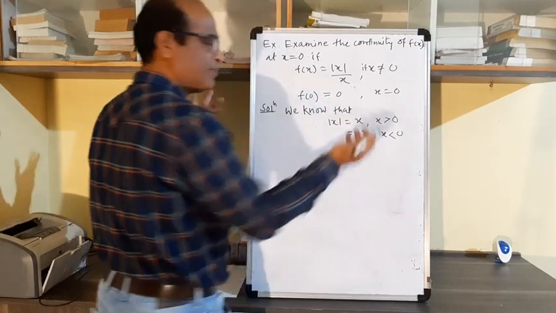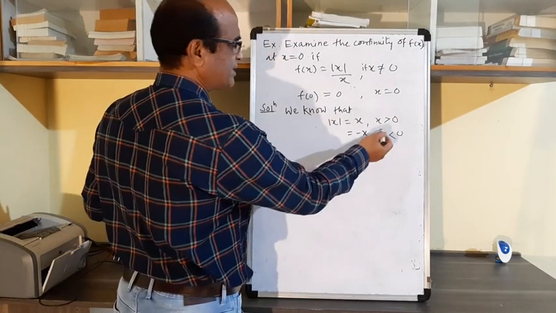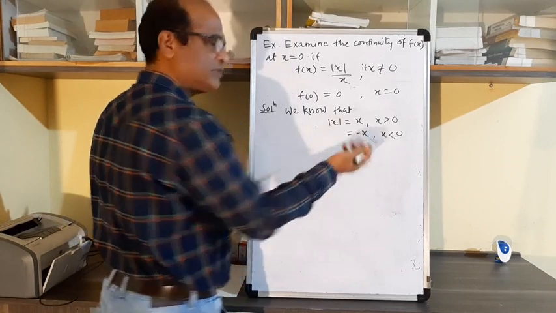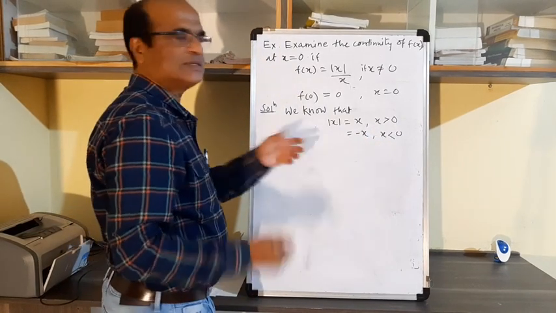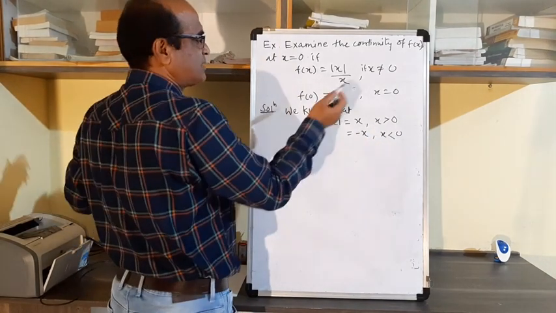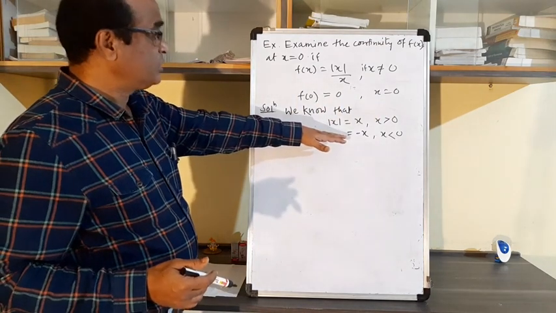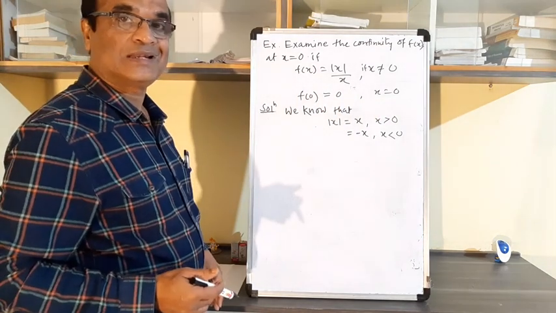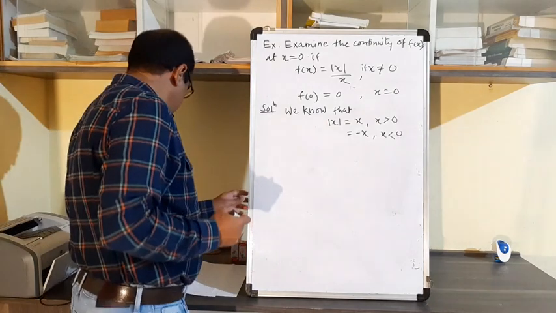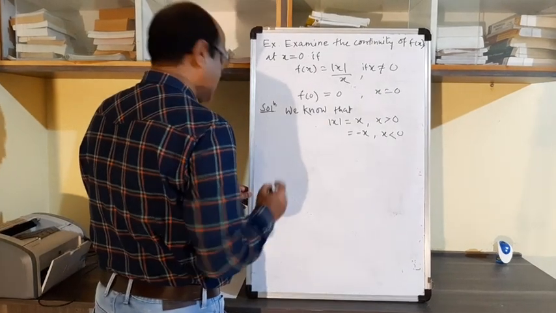Both are positive values here. Since x is negative, minus x is positive. So mod x is always positive. Mod x is equal to x if x is greater than 0, and equal to minus x if x is less than 0. Now we obtain the left hand limit.